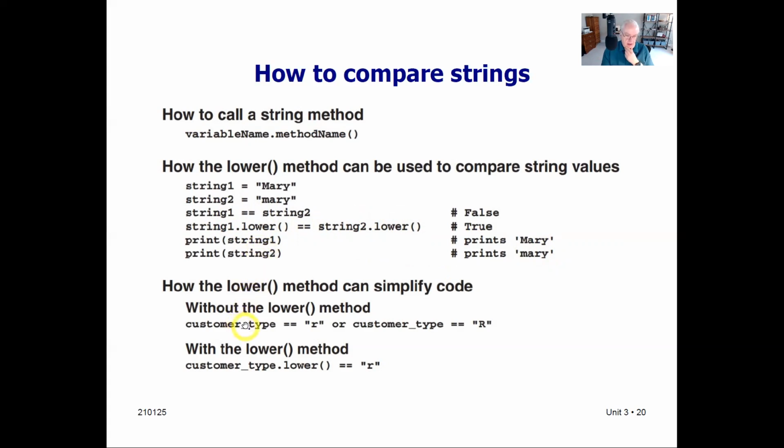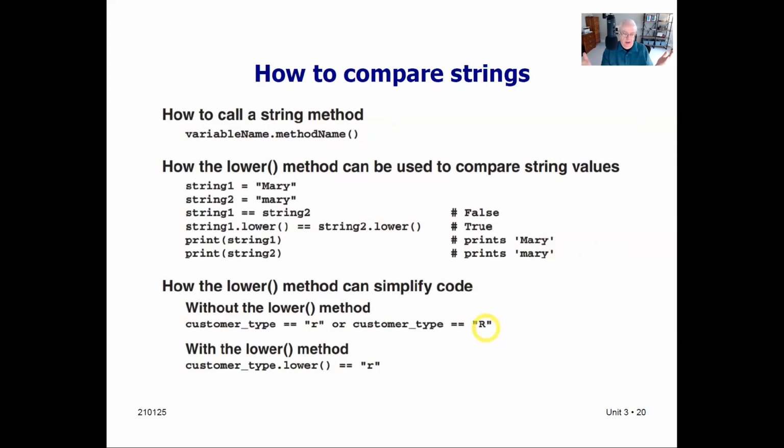Now, these two pieces of code here are actually the same. But what we're trying to show you in this last little example is how to use the method to make this cleaner. So we're using the OR operator, saying customer type is equal to lowercase r or customer type is equal to uppercase R. We're trying to handle the case there.